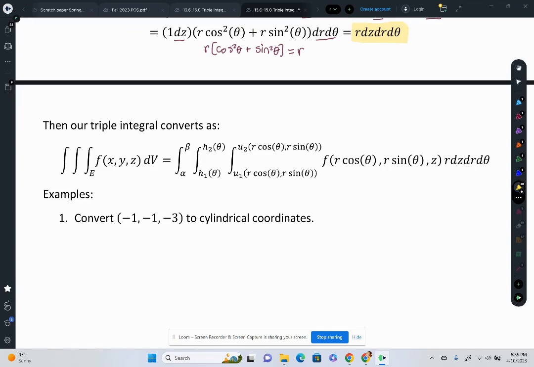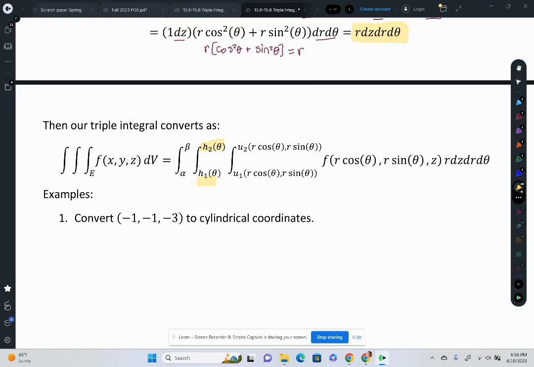Now the order is dependent on how you set things up and what sorts of functions you're integrating between. Typically, the innermost integral will be your z value, and the bounds will be functions of r and theta. So you'll have a lower bound function in r and theta and an upper bound function in r and theta. And then your middle integral will be this one, h1 of theta, h2 of theta.